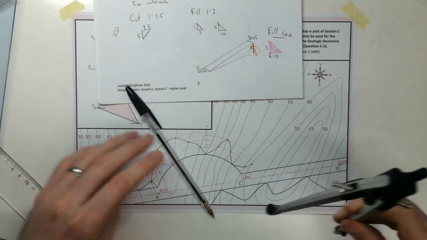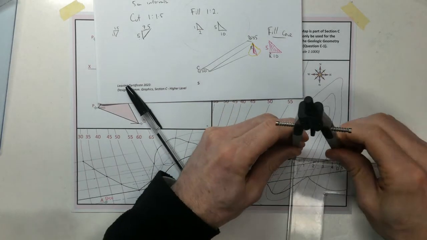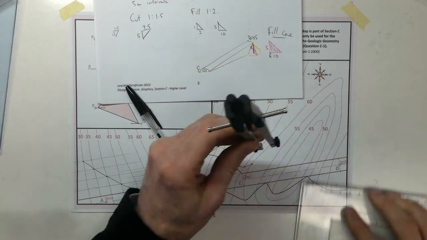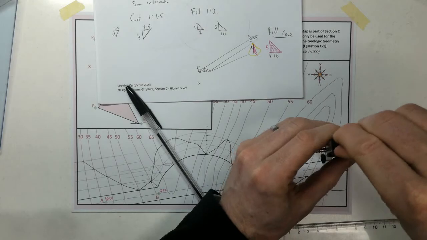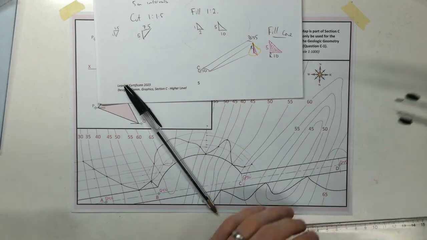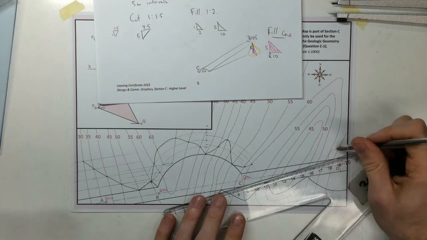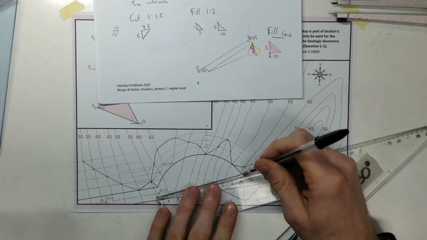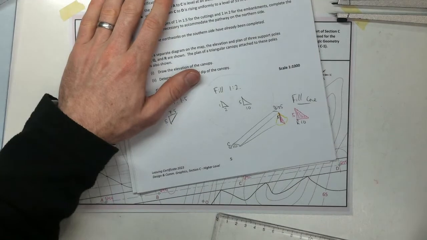So my cone is going to be radius 10. Fill cone, and we're going to join that back tangentially.